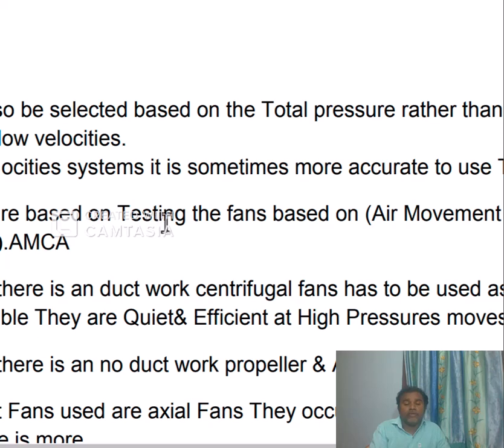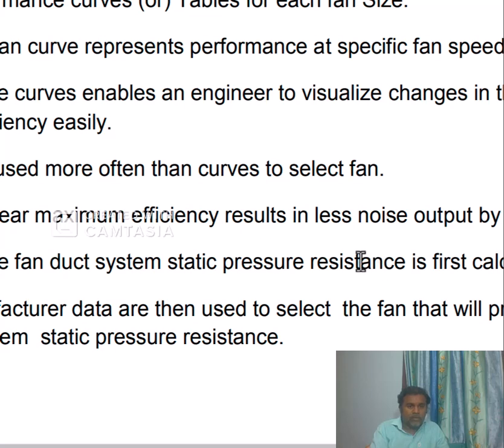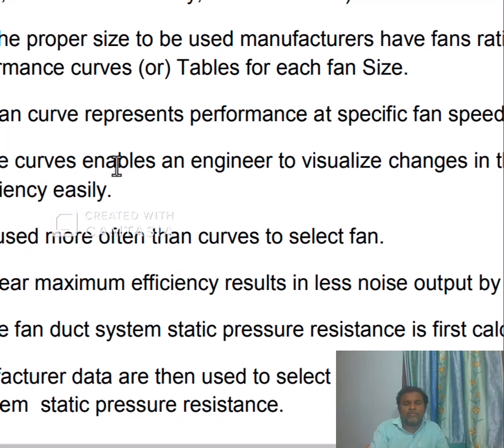Fan ratings are also based on testing of the fan based on the Air Movement and Control Association. This is very important, you can remember. The performance curves enable an engineer to visualize the changes in static pressure, brake horsepower and efficiency very easily.